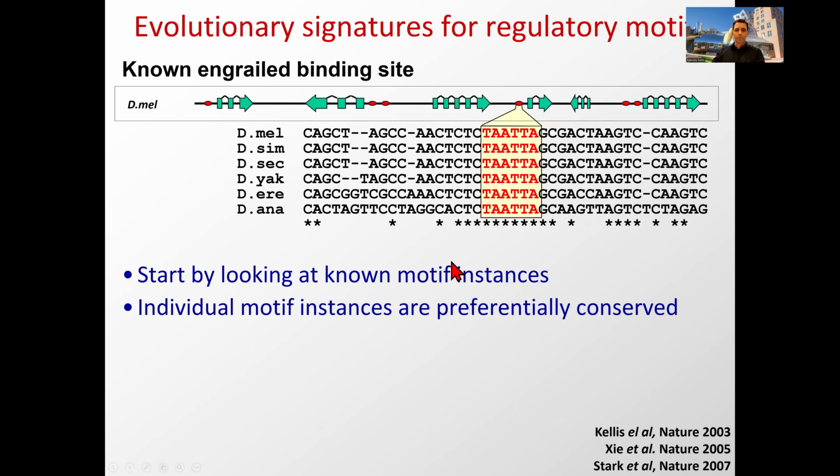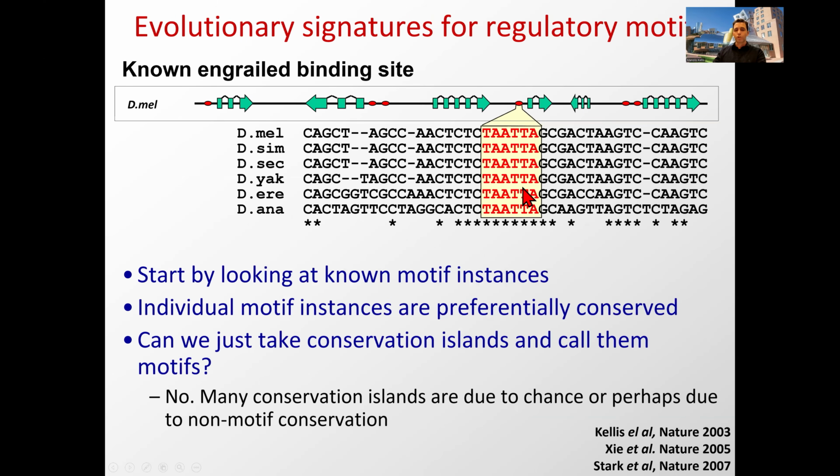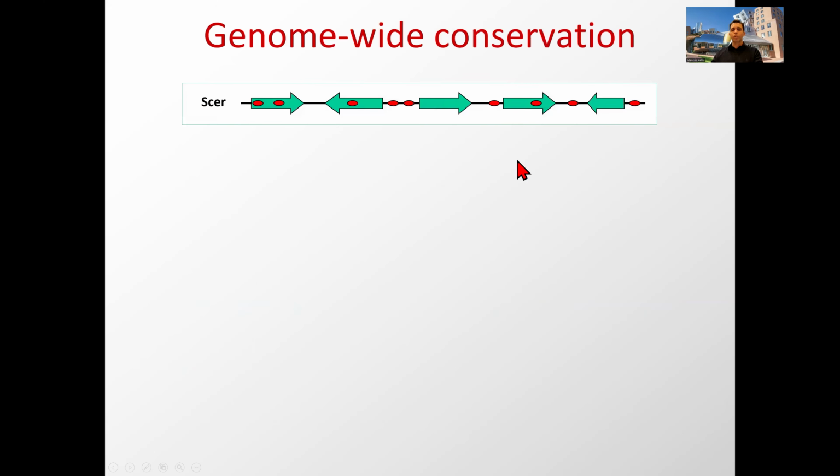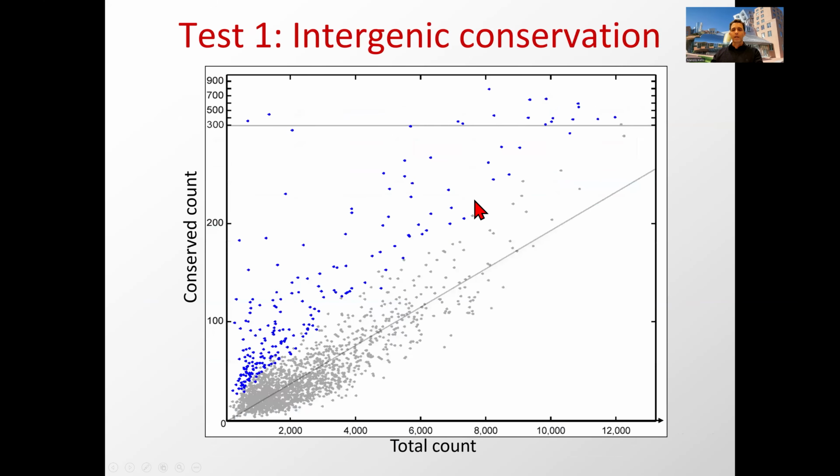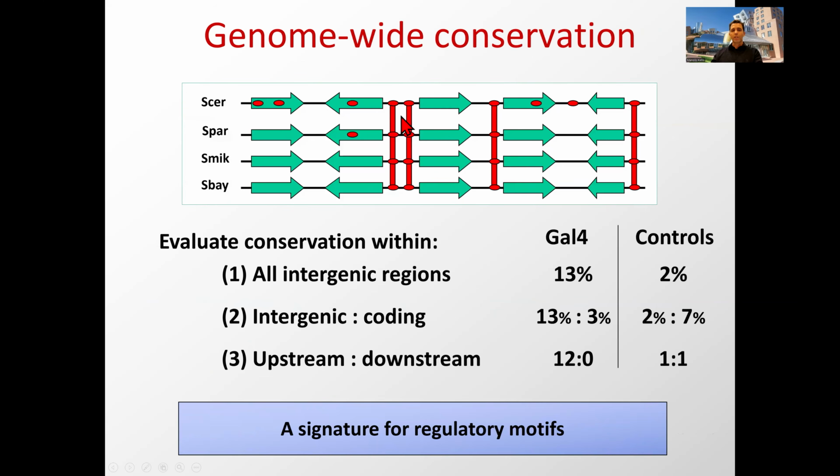You can do the same thing with motifs. We had talked about that at the regulatory genomics lecture, where we basically can look at the conservation of the position weight matrix. You can look at an evolutionary signature for increased constraint within intergenic regions, or increased intergenic versus coding constraint, or increased upstream versus downstream constraint.